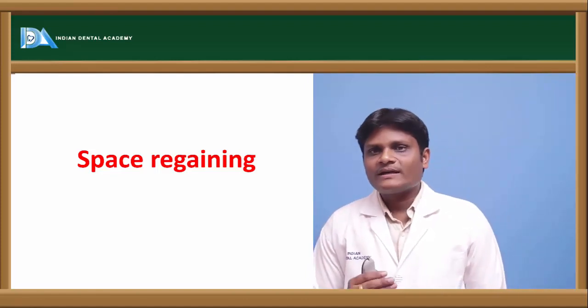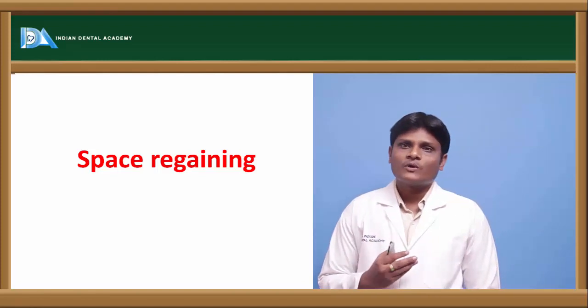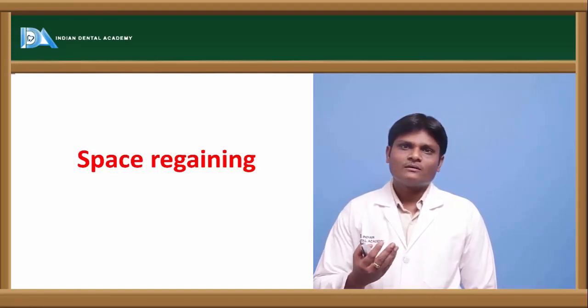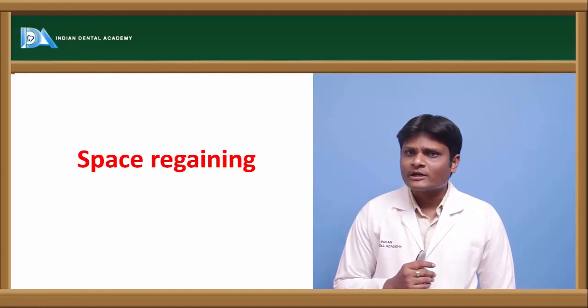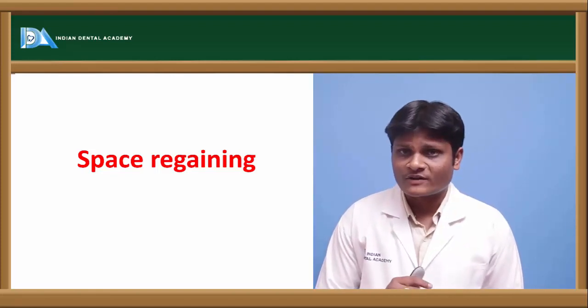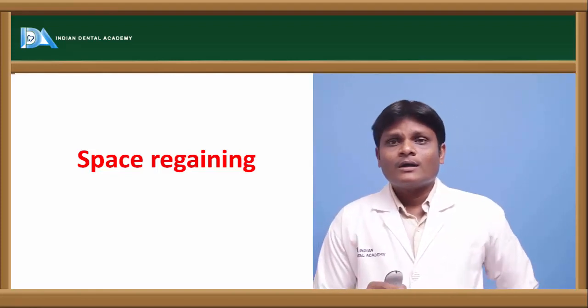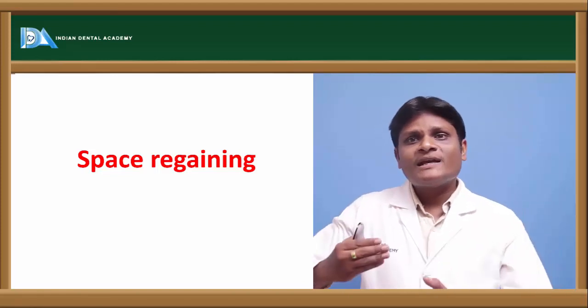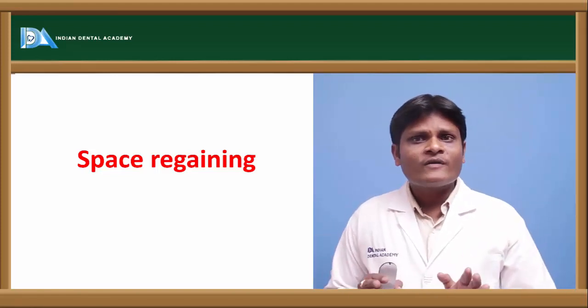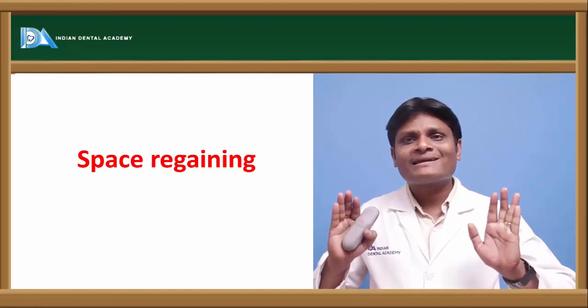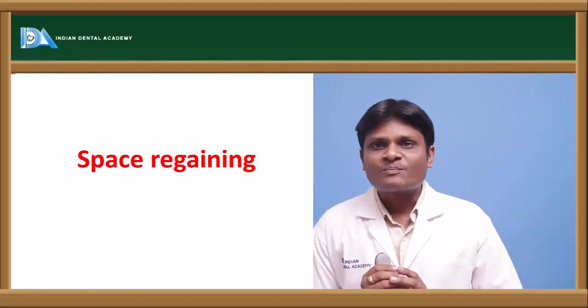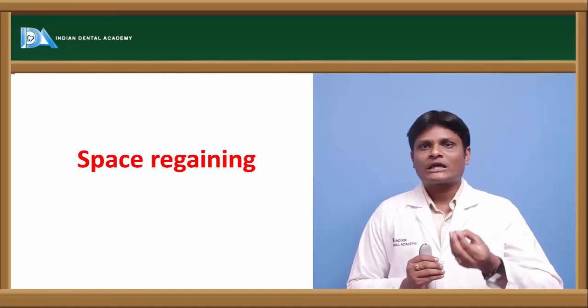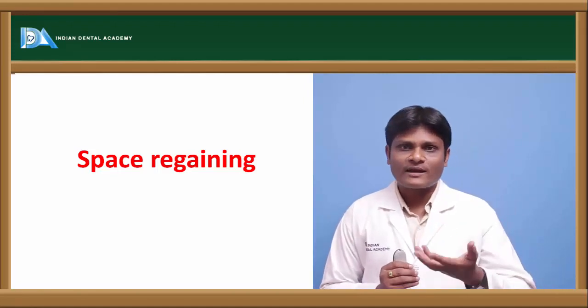Suppose a deciduous second molar is exfoliated well before its scheduled period of exfoliation, then the permanent first molar, which lies immediately behind it, will always have a tendency to migrate mesially into the space created by premature exfoliation of the deciduous second molar.